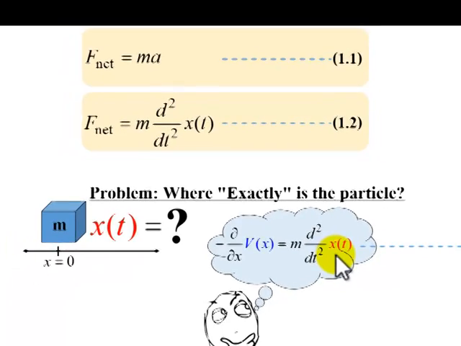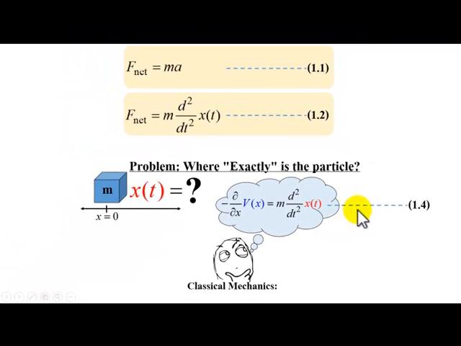Equation 1.4 is an important equation in classical mechanics if you want to analyze the motion of a particle, as shown in the figure. Think of the process as a computer program. There is an input and there is an output. An input is the information we need to know about what is influencing the motion of the particle, which in this case is the potential energy of the system.